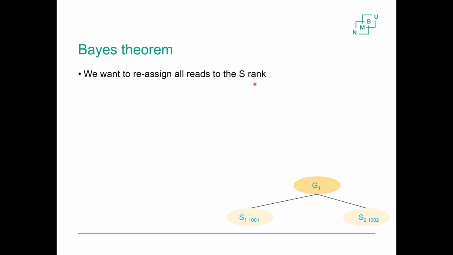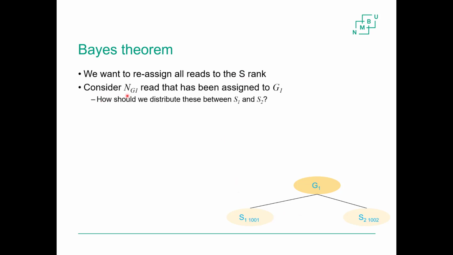Let's say we want to do that now. And then a number of reads has been assigned to the genus. Right? They are here. How should we distribute these down to the 2 species below? That's the question we have to face now.